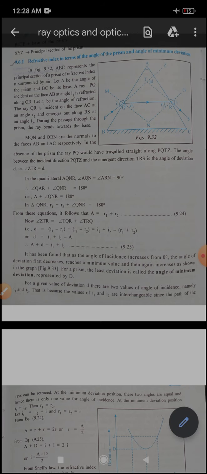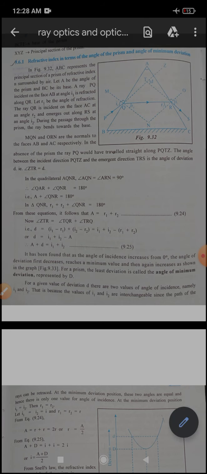So we get I1 plus I2 minus (R1 plus R2). Substituting R1 plus R2 equal to A, we get D equal to I1 plus I2 minus A. Then A plus D is equal to I1 plus I2.